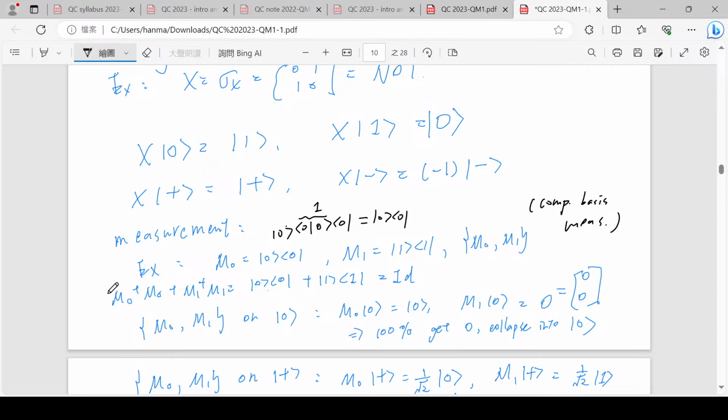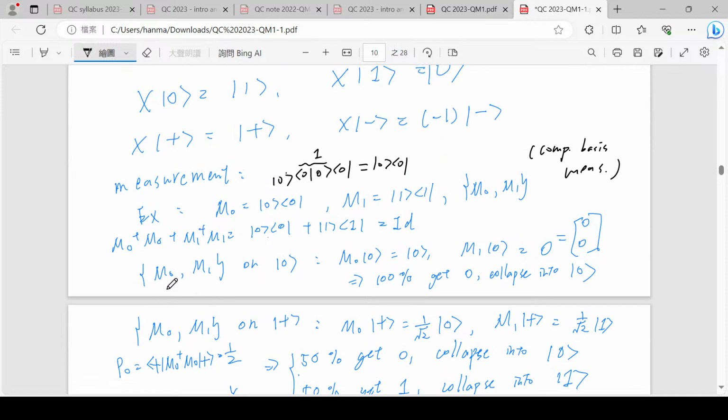Anyway, they are projectors, so M0 plus M1 is the 0 projector plus the 1 projector, and this is equal to the identity matrix. So we checked that completeness is satisfied: we want the sum of Mi dagger Mi to equal identity. And how about we apply this to the 0 state?